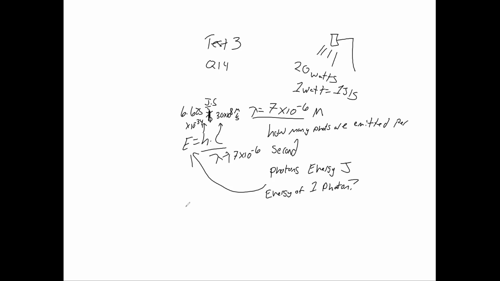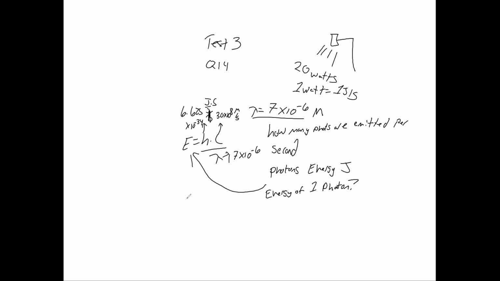The energy of one photon is 2.84 times 10 to the minus 20th joules. So really, really, really tiny. Now, I have a light source that is pumping out 20 joules per second worth of energy. So 20 watts, where 1 watt is 1 joule per second. I want to know, if one photon is that small, how many photons are in 20 watts?